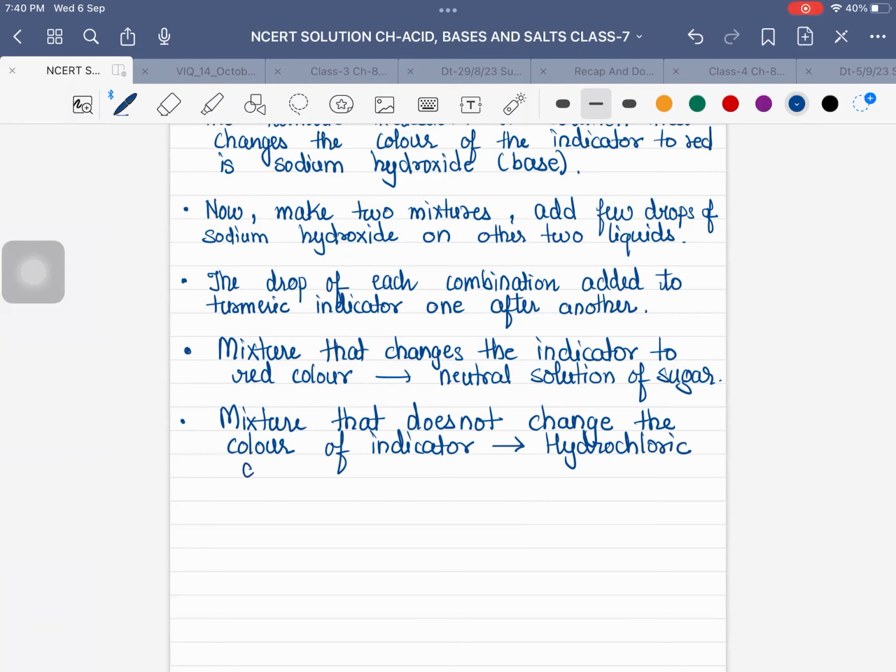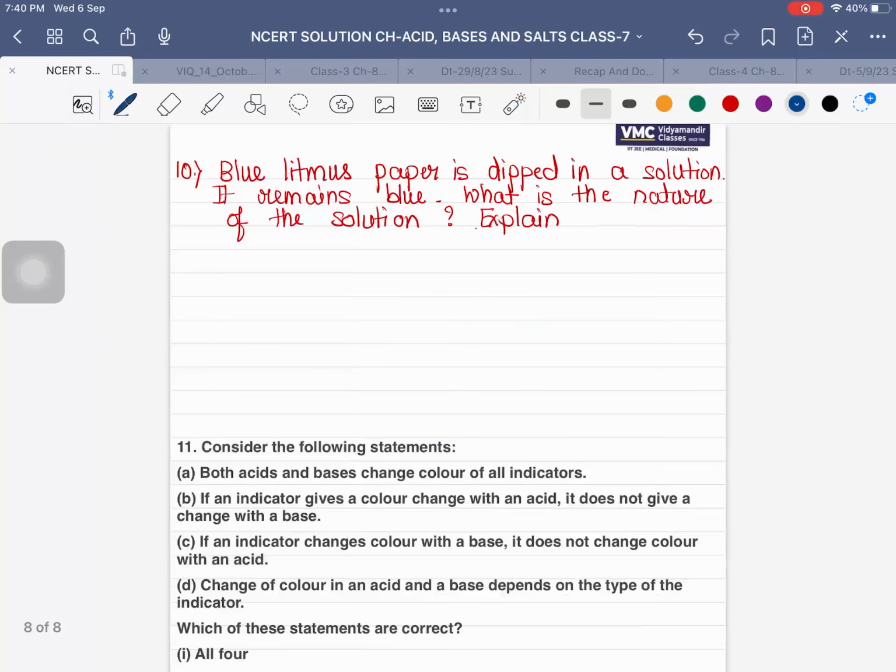As in this case, the hydrochloric acid, when it is added with the sodium hydroxide, they neutralize the effect of each other. Neutralization reaction occurs between them and it makes the solution neutral and does not change the color of indicator. Next question. Blue litmus paper is dipped in a solution.